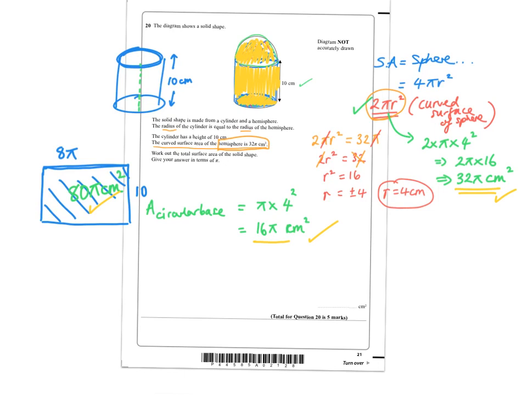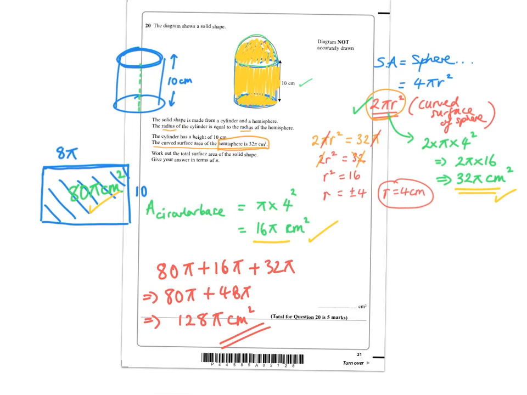So if we add all those together, we have 80 pi plus 16 pi plus 32 pi, which is 80 pi plus 48 pi, which is 128 pi centimetres squared.